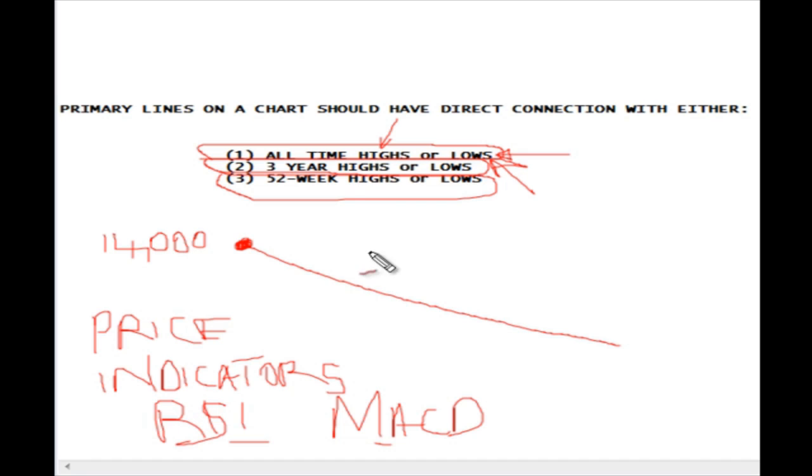But let's do price. So let's say the Dow makes a high of 14,000, drops lower in 2007, 2008, 2009, and then at some point in price makes another high. So now you have this point and this point, and you establish a straight line.